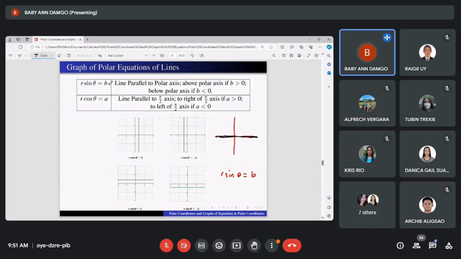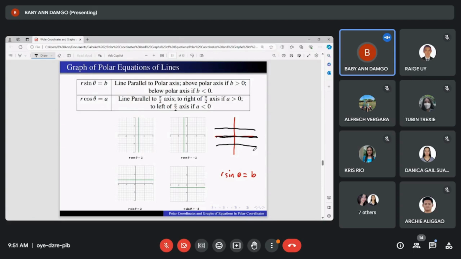So it is either here or below. So how do we determine if it is above the polar axis or below the polar axis? What we check is the b. Okay? If b is greater than 0, meaning the line is above the polar axis. So, for example, we have r sine theta is equal to 2. So, it is above.